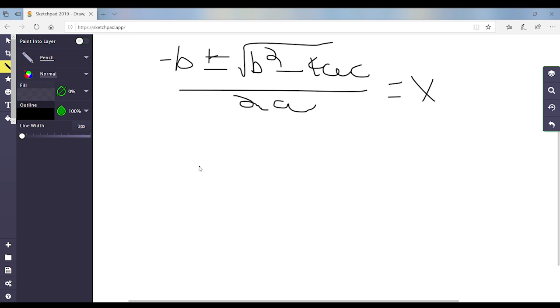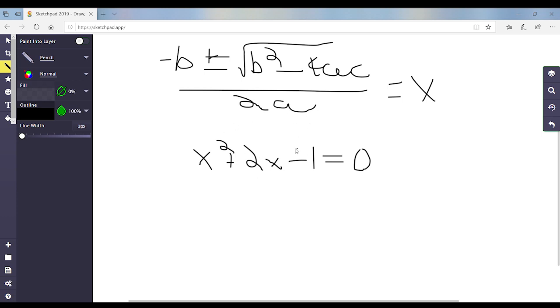So let's do the example x squared plus 2x minus 1. In past videos, when we looked at an equation like this, we would probably factor it, and then we would find the x values.